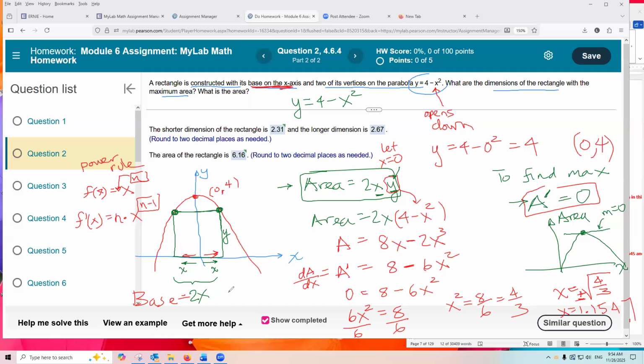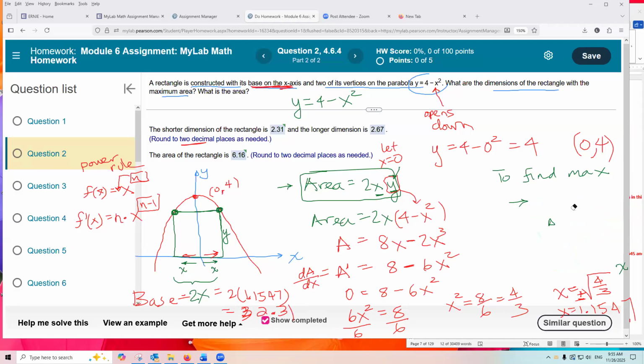So the base of this rectangle is going to be 2 times 1.1547, which works out to be 2.31. We're rounding to 2 decimal places here. So for this rectangle, let me erase some of this stuff here. For this rectangle, we're finding out that this x dimension is 2.31.